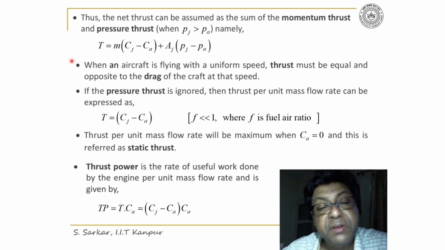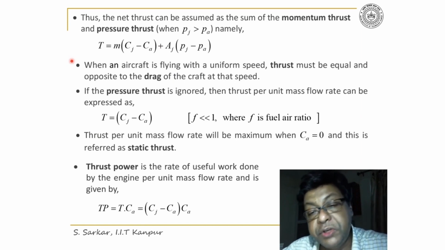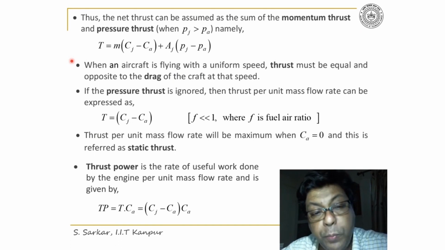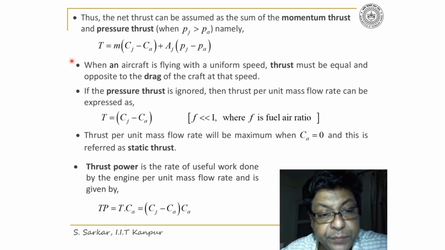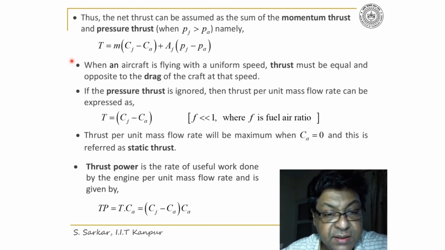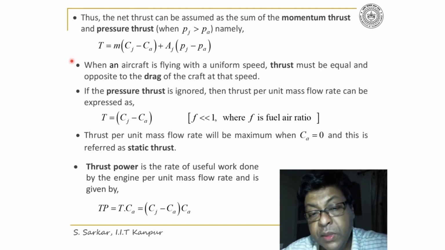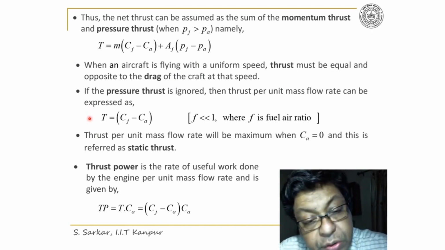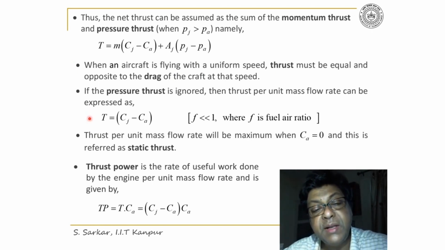When an aircraft is flying with a uniform speed, thrust must be equal and opposite to the drag on the craft. Further, if we ignore the pressure thrust, then the thrust per unit mass flow rate can be expressed as T is equal to Cj minus Ca.